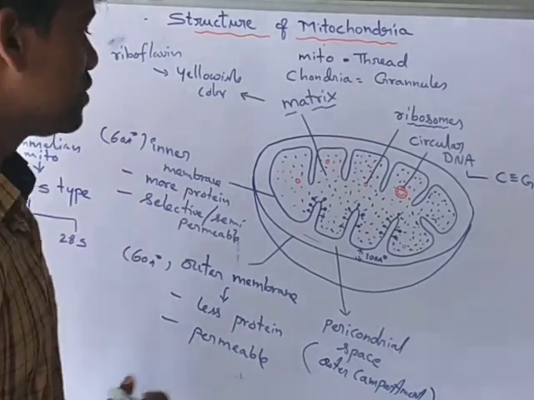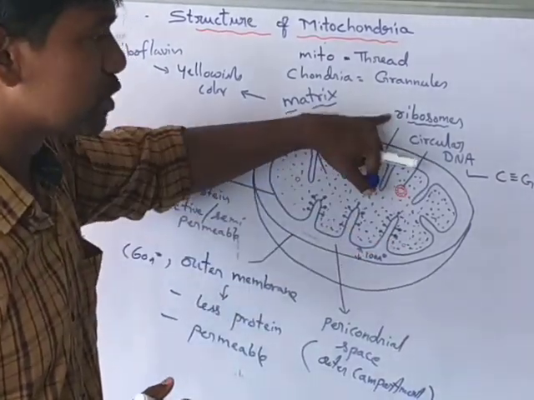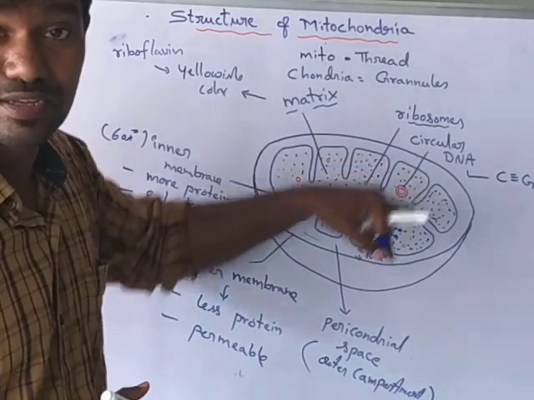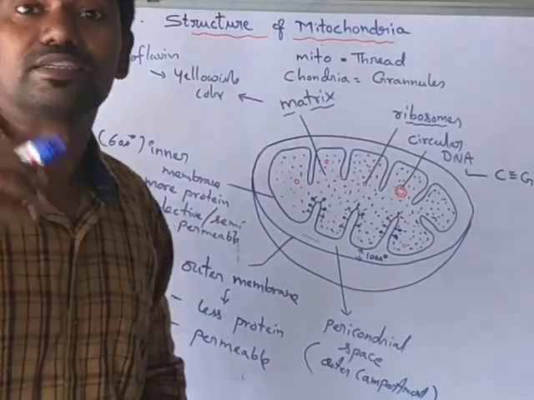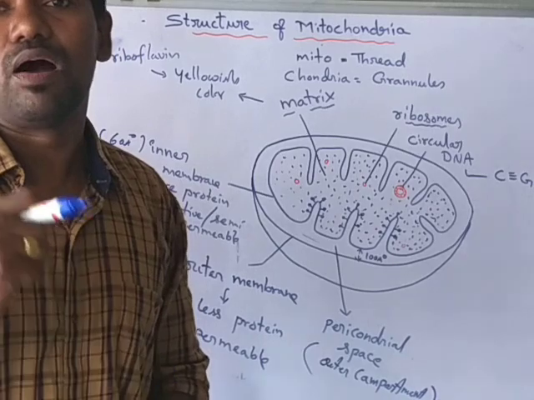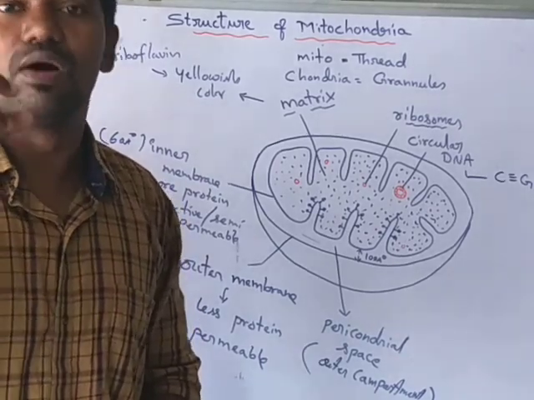Mitochondria contain their own ribosomes and circular DNA. That's why the mitochondria is also called an autonomous organelle.